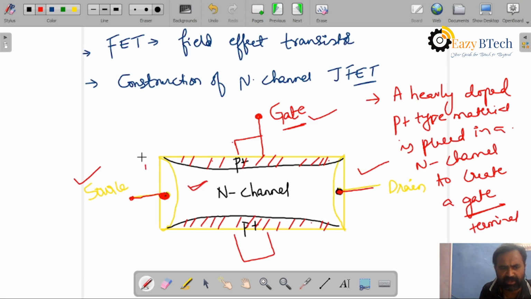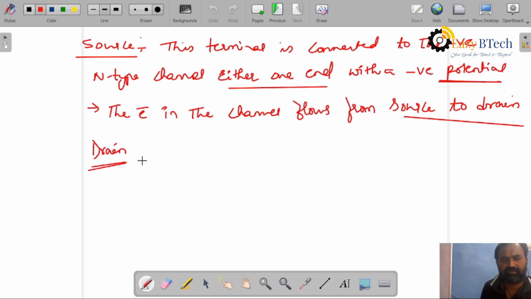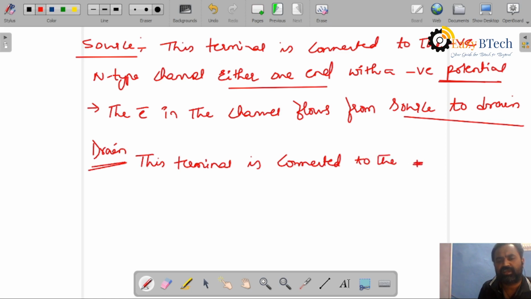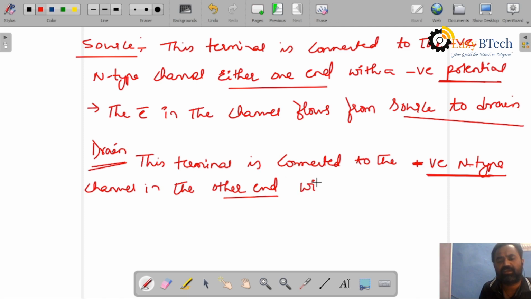The source is connected to one end of the N channel. Now the drain terminal is connected to the n-type channel at the other end with a positive potential.